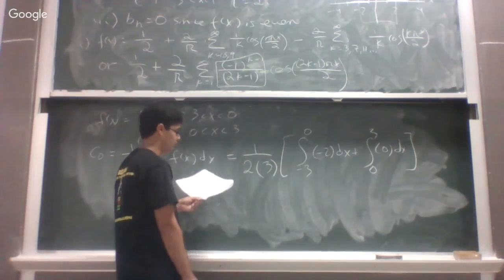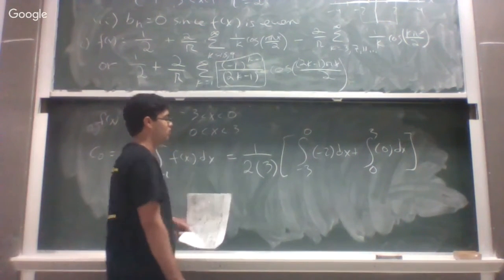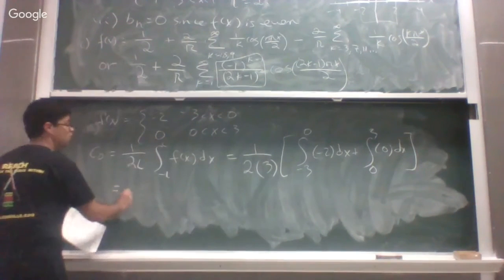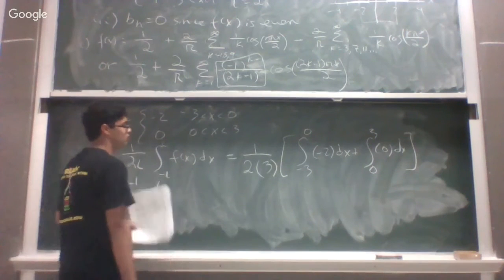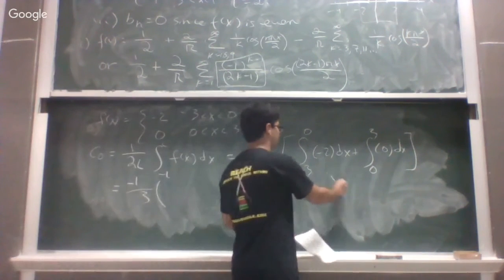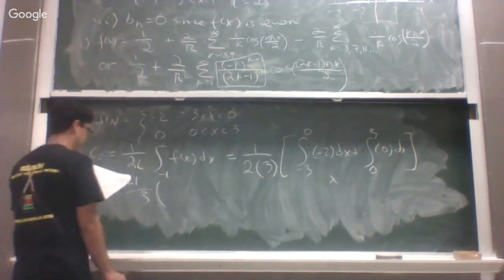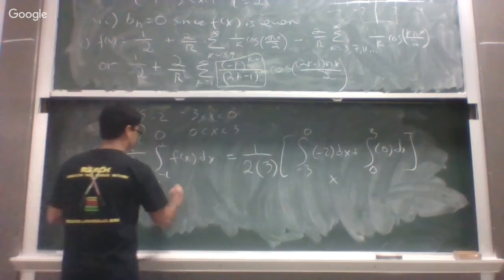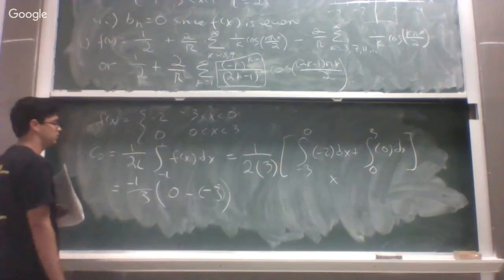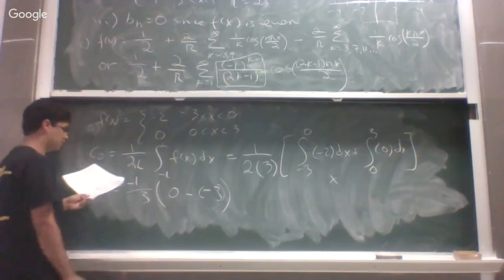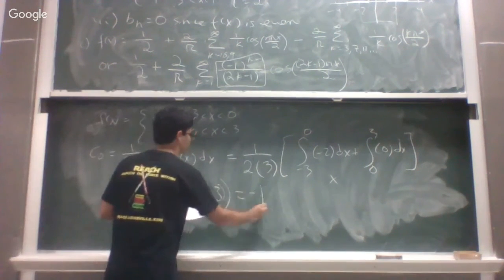Which would be -1/3. -1/3 times the dx would give us an x going into the integral. So then that's plugging in 0 minus a -3 for the x values. So then that's a +3. So in the end it's a -1.